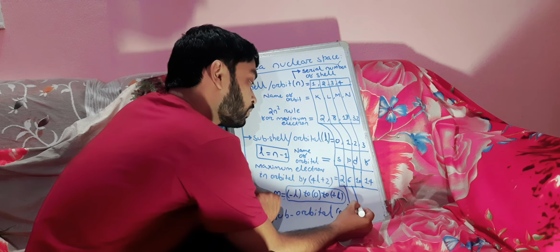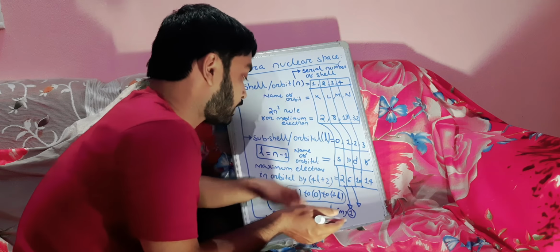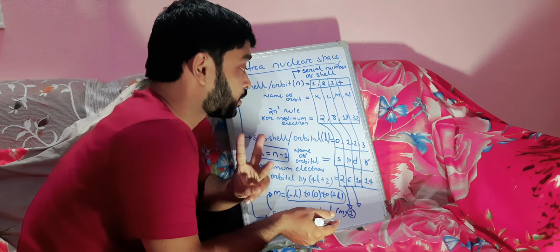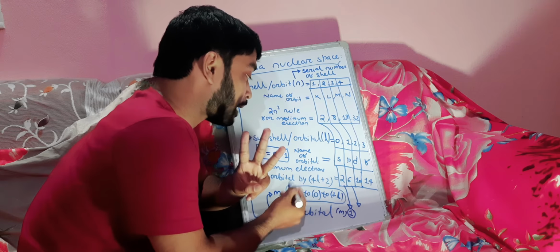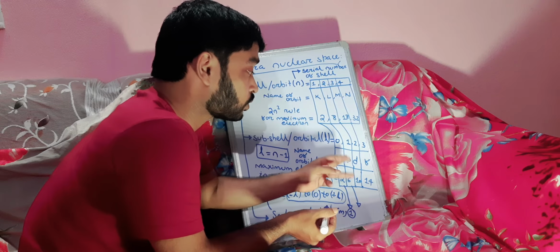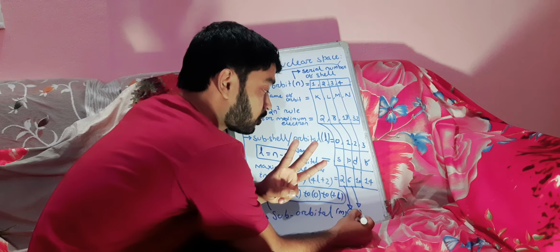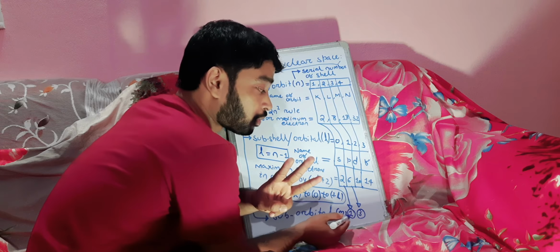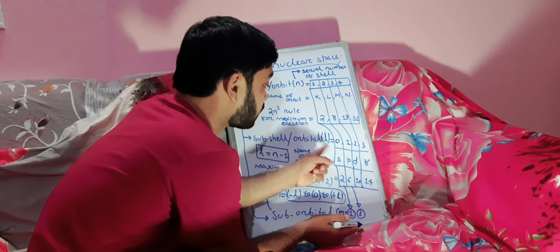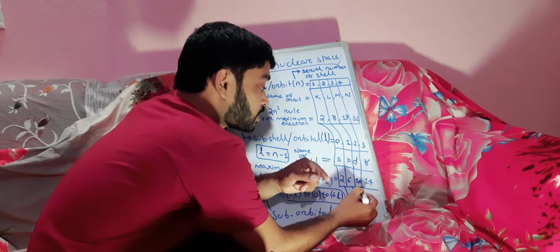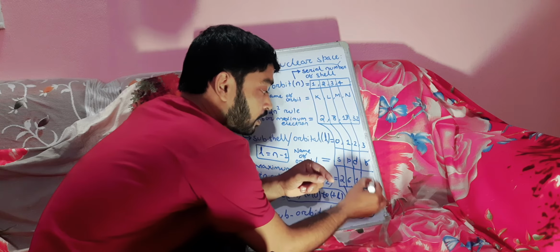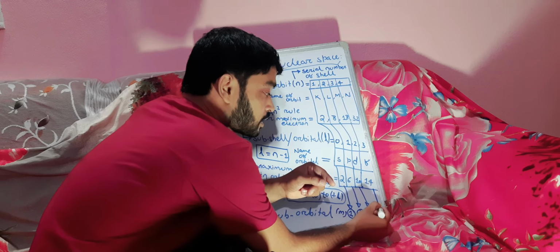There are 3 m values, that means -1, 0 and +1, for the p orbital. So it has 3 suborbitals. I am writing the total number of suborbitals present in an orbital. The d orbital similarly has 5 suborbitals, and the f orbital has 7 suborbitals.